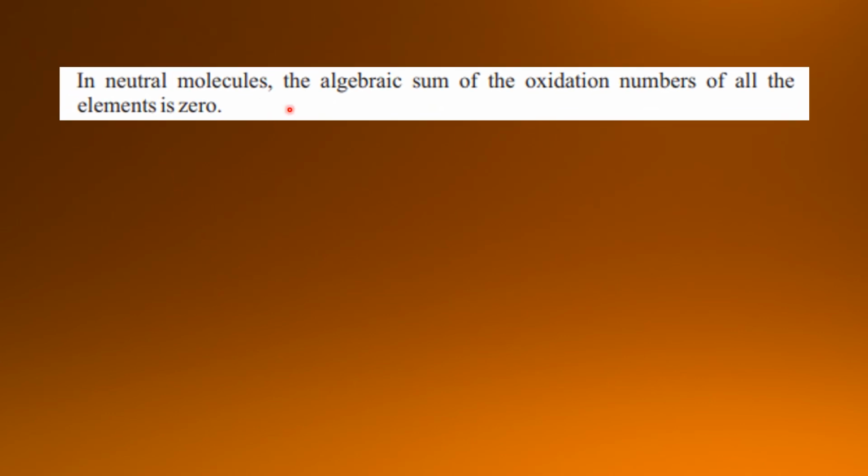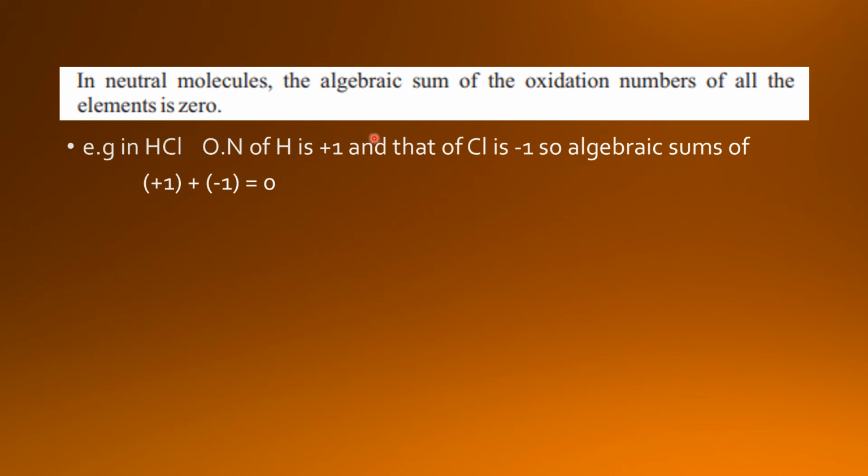In neutral molecules, the algebraic sum of the oxidation numbers of all the elements is 0. As we have seen at the start in the case of HCl, the oxidation number of hydrogen is +1 and the oxidation state of chlorine is -1. So when we sum up these charges, +1 and -1, we get 0.